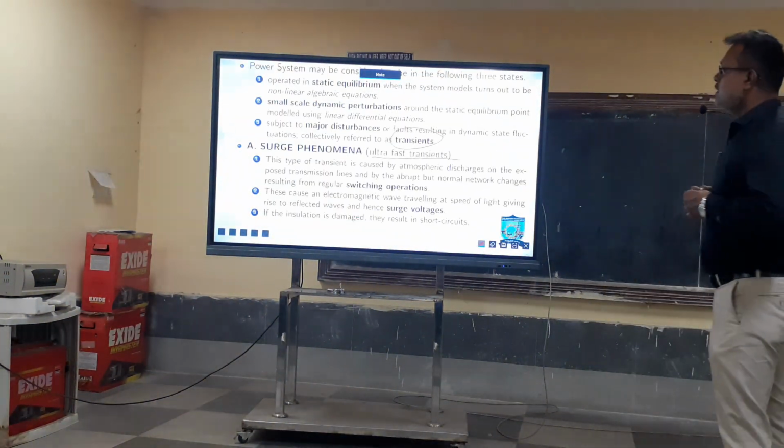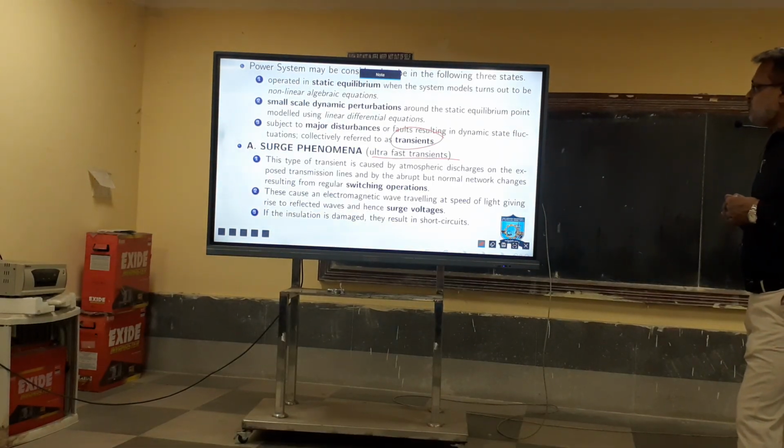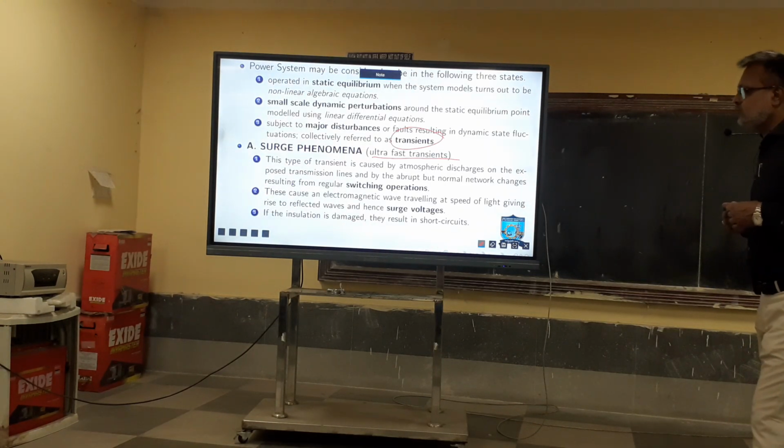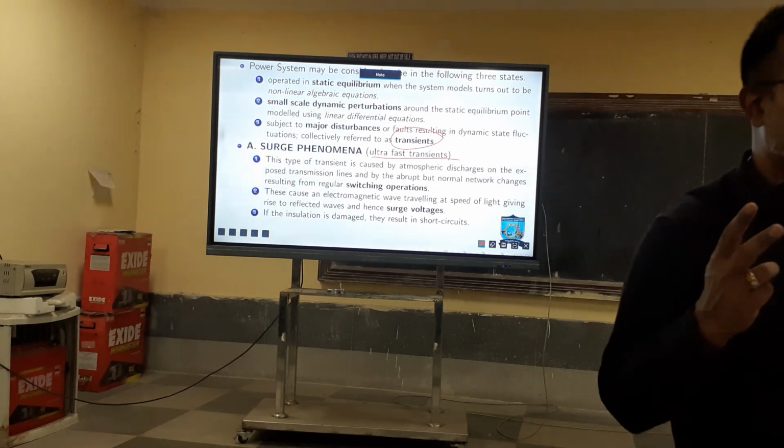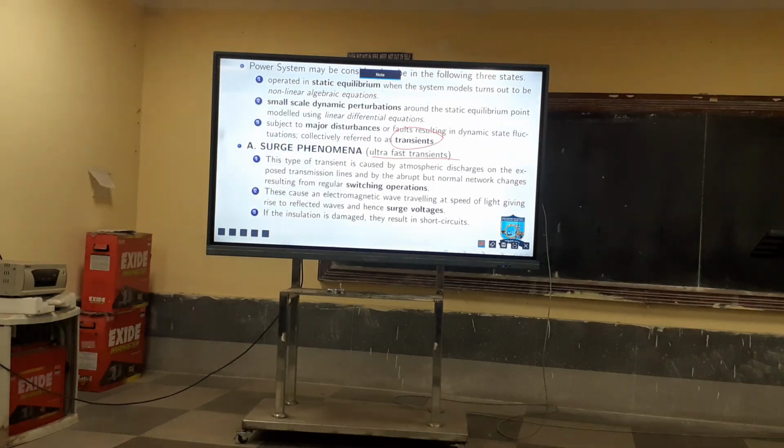This type of transient is caused by atmospheric discharges on the exposed transmission line and by abrupt but normal network changes known as switching operation. So you can have two kinds of such ultra fast transients known as lightning and switching. Switching because of human-made switching operations and lightning because of the atmospheric phenomena.